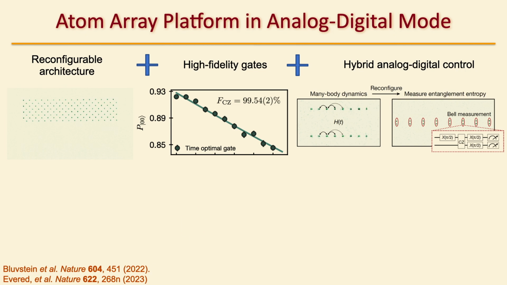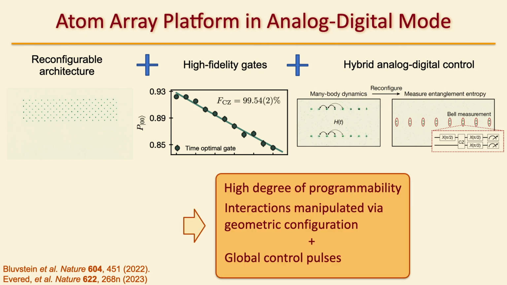And here are a couple of figures of merit about how good the gates are, etc. So we have a high degree of programmability. We have the interactions that are manipulated just via this geometric configuration. And we have global control pulses. So we have pulses in a similar manner as we have heard a couple of times today, but they are always global. So whatever you shine in there, you shine on all of the atoms.